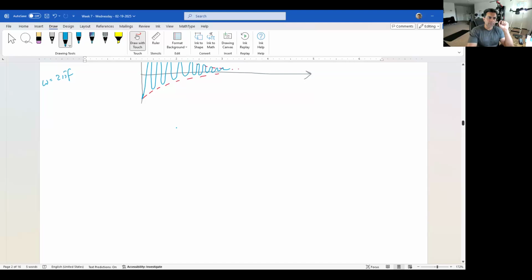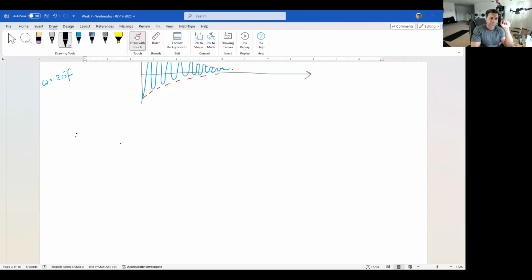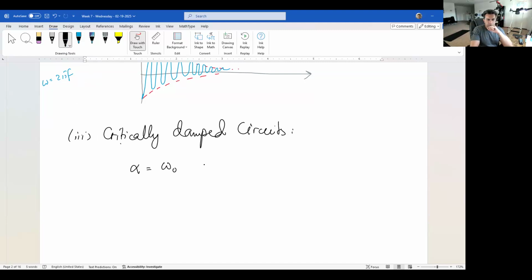And before we take a break, I'm just going to do the third one quickly, which is the critically damped circuit. Critically damped circuit is when alpha is equal to omega naught, which means S1 is equal to negative alpha plus the square root of alpha squared minus omega naught squared.